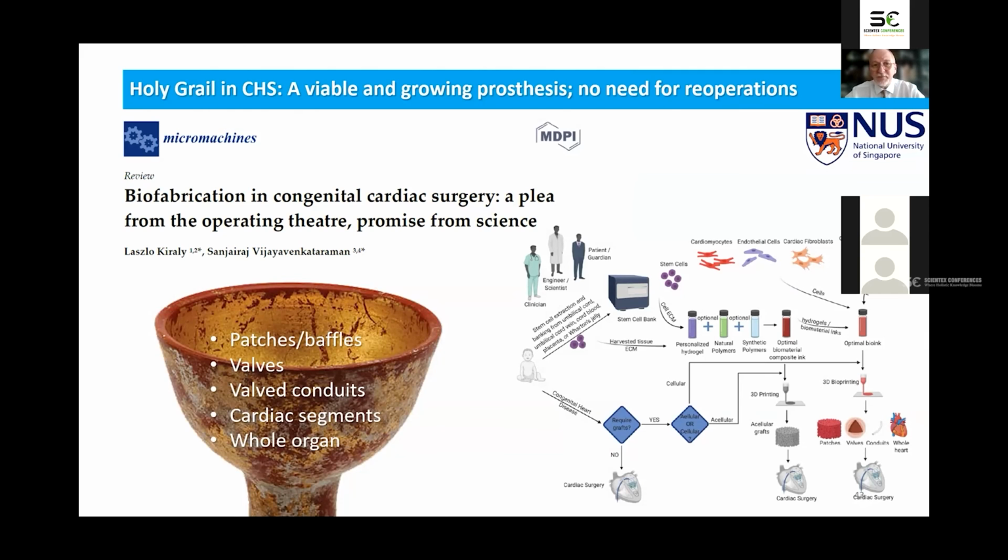And unfortunately, that subjects the patients to reoperations in the future. If we could come up with natural material that can grow and is viable, and especially if we could print out those materials, designed for the individual patient, it could be a great public health benefit.